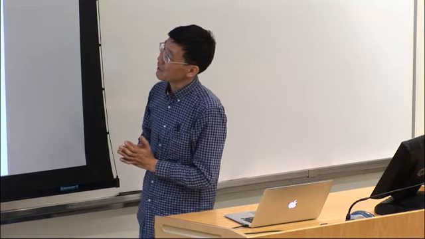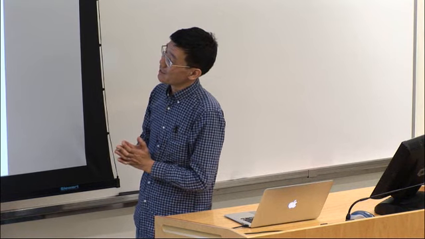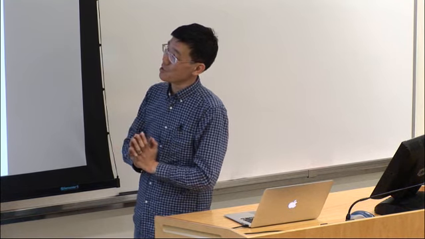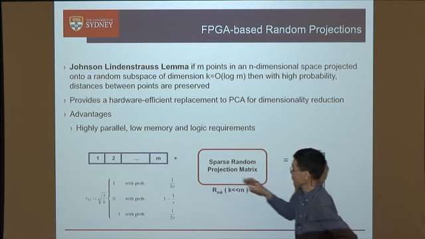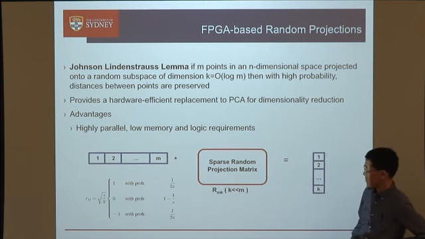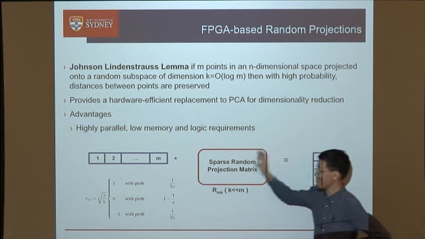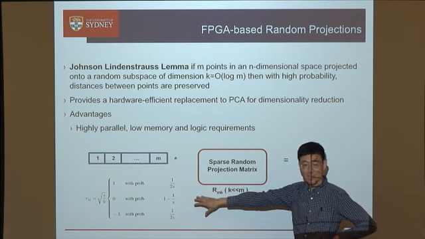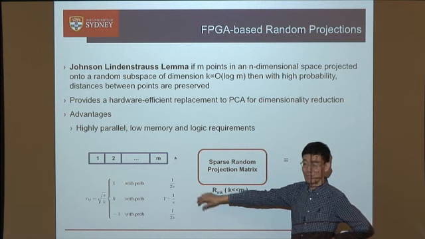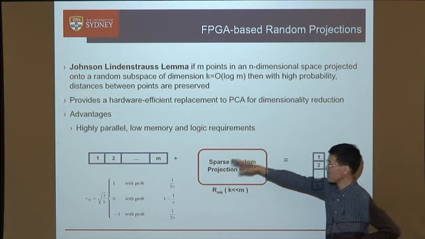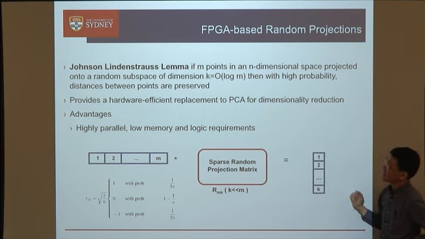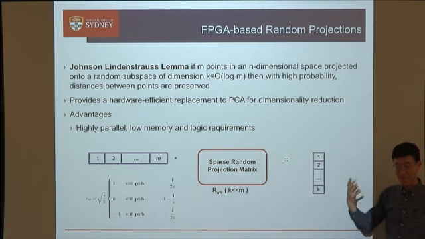And it turns out that you can do a pretty good job if you make a low rank approximation by multiplying by a sparse random projection matrix. It's a matrix that has mostly zeros, and the non-zero entries are -1 and +1. And you can reduce dimensionality from M to K. And of course, if we're only multiplying by +1 and -1, we can make a very efficient FPGA implementation.